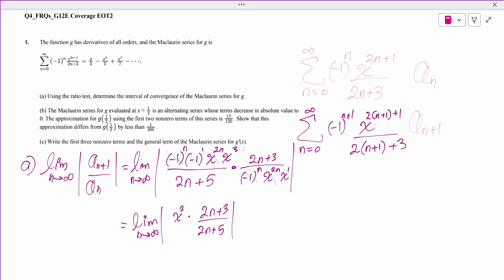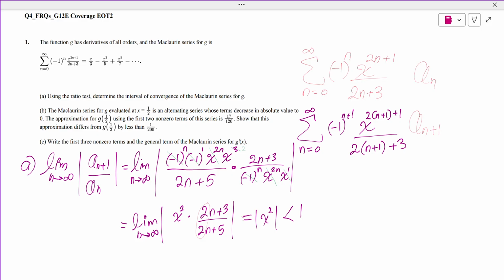Because we are just looking at the ratio of the coefficients here. It will be 2 over 2, which means it's 1, times x squared. So this is the absolute value of x squared. And to converge, you need this to be less than 1.